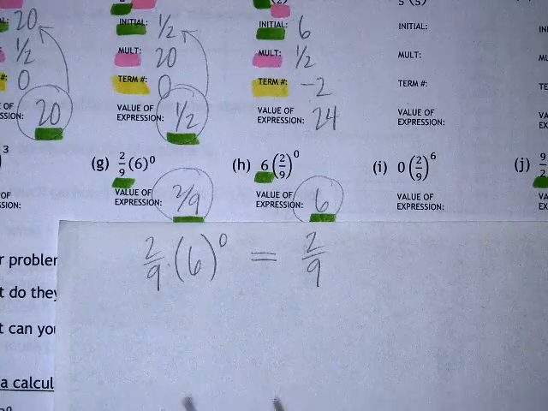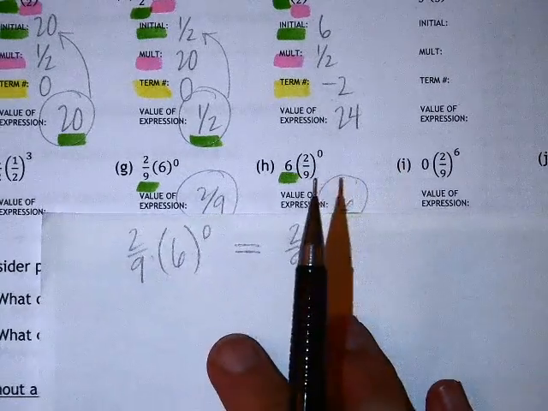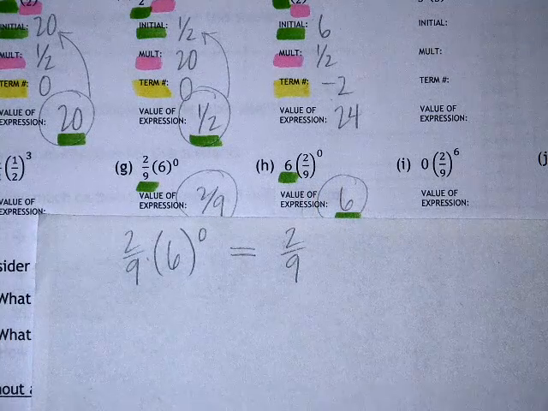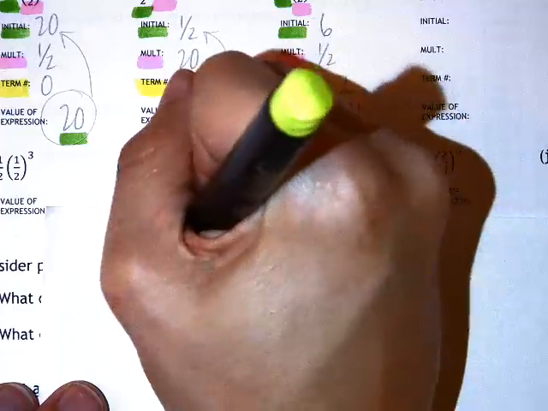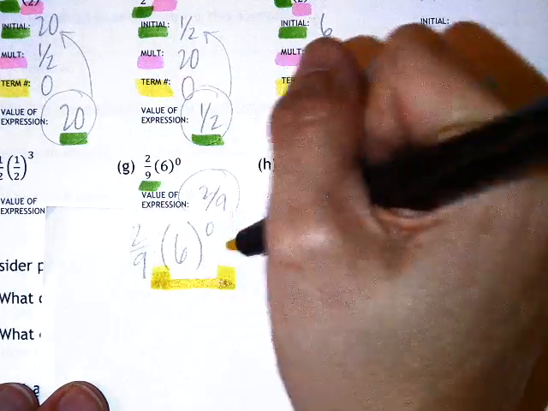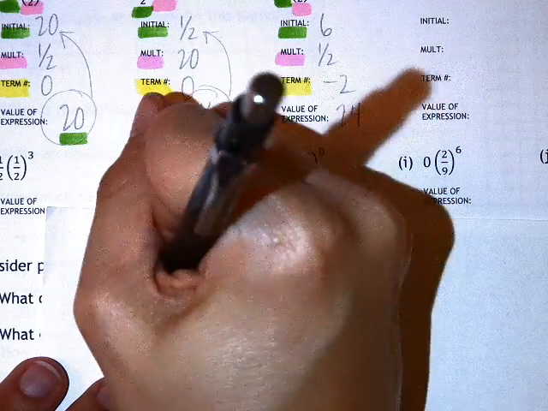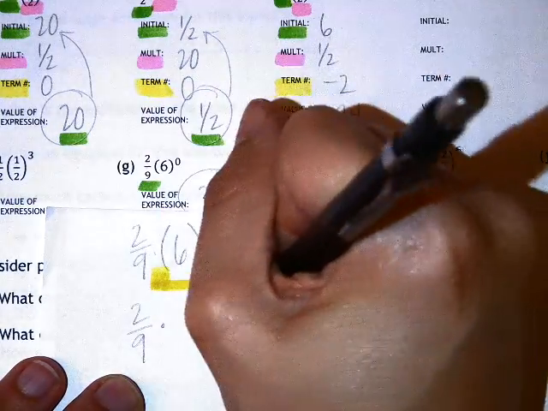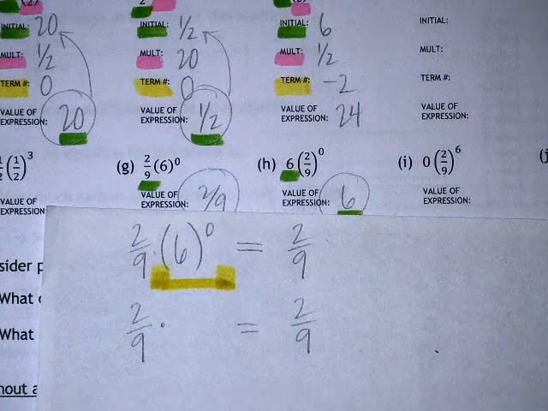Some of you may be remembering now a rule that you could have learned maybe back in your first algebra class, maybe even before that. And that's the idea that when you multiply by something like 6 to the power of 0, or anything to the power of 0, we're really saying, well, it's 2/9 times something, and it's going to give us 2/9 as an answer.